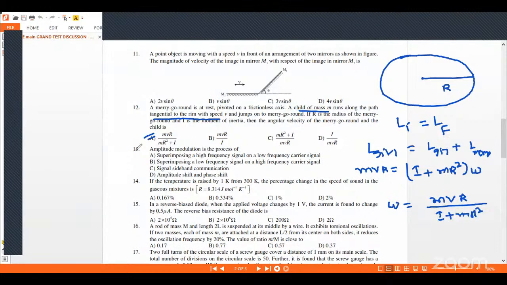That is option A, right? Is it fine? Okay? Is it okay?